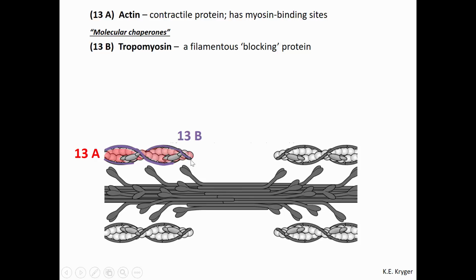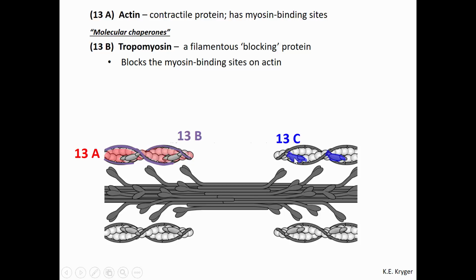So it's a chaperone, right? Think of any school dance when you were like in 6th grade. You had a bunch of chaperones, right? Preventing everybody from coupling, right? No touching. So tropomyosin blocks the myosin binding sites on actin.